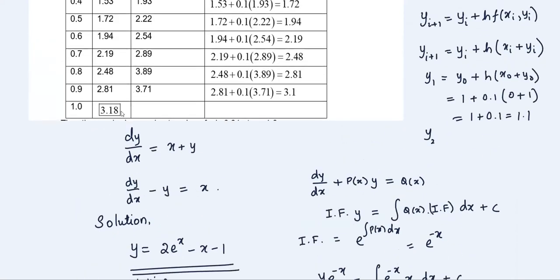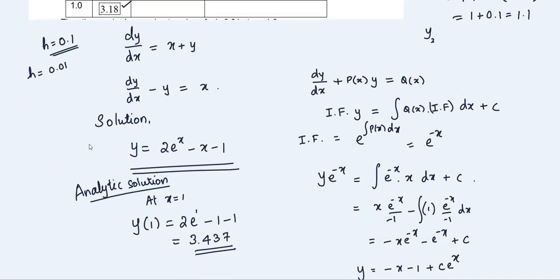What did we get by Euler's method? 3.18. So we got error because we took the step size as 0.1. If we take 0.01, it will come close to this 3.437. It will still be an error. Only when h tends to 0, you will get the exact value.